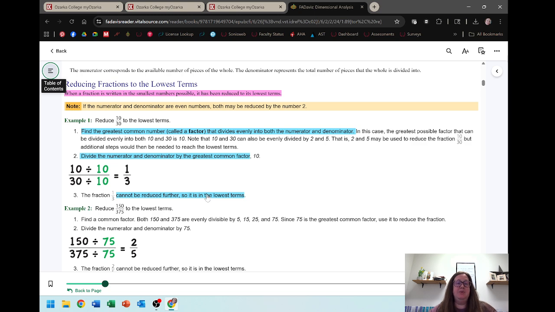Now, in this example, they found the common factor of 10, so they divided the top number by 10 and the bottom number by 10, and they got 1 over 3. So you can use multiple different factors. Some may be more apparent to you than others, but as long as you keep reducing until you get the lowest terms, or reduced fraction to the lowest terms, then you will be correct.